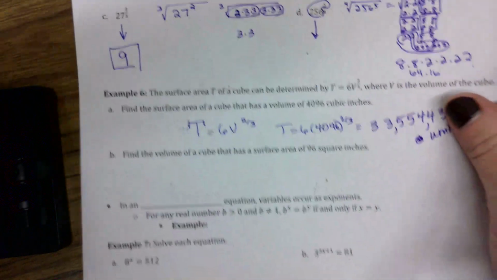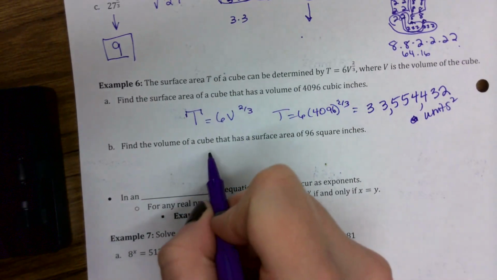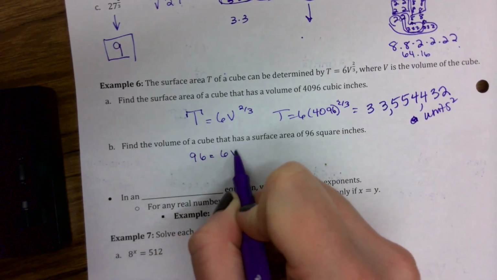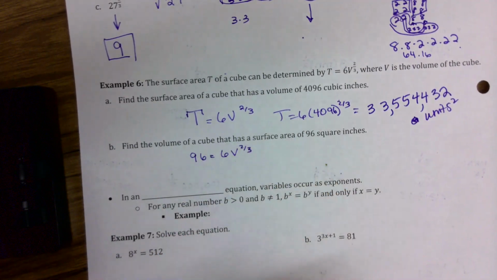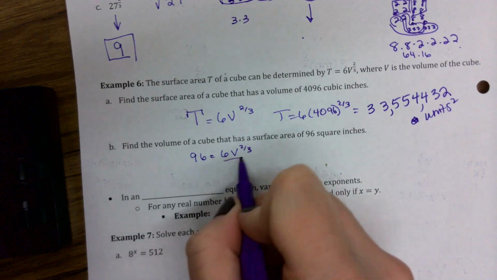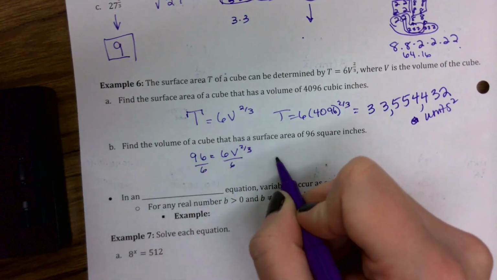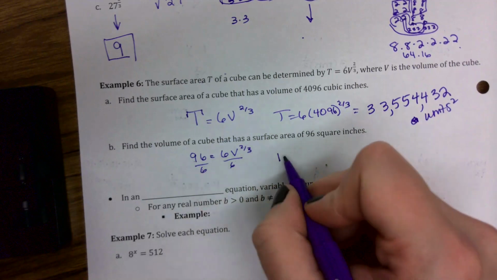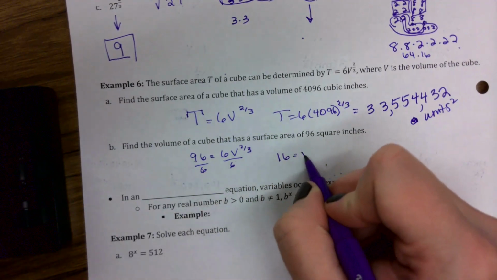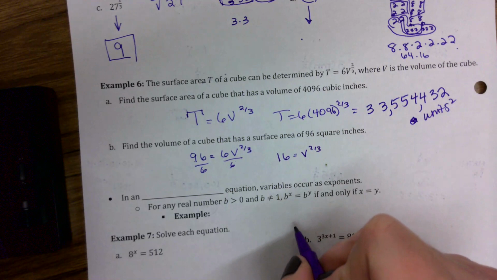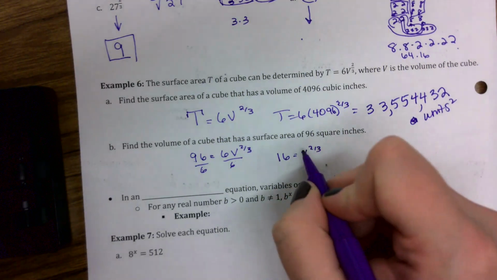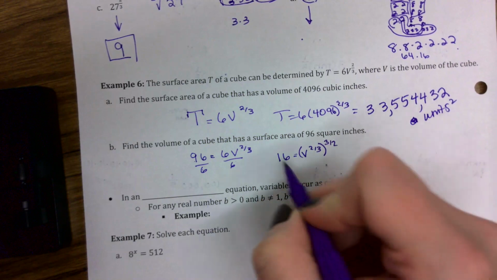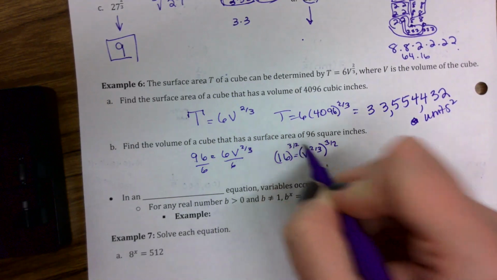Okay, it says find the volume of a cube that has the surface area, so they're replacing T, 96 square inches. Volume is here, they want you to find volume. So we're going to divide both sides by 6. When we do that, 6 goes into 96 16 times. So we have to figure out how to get rid of this 2/3. What's the opposite of 2/3? 3/2. Multiply it by its inverse.